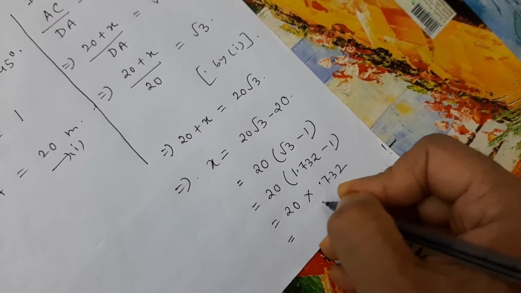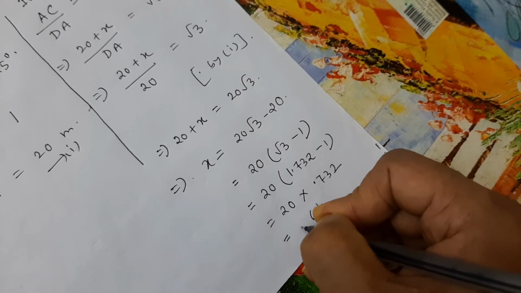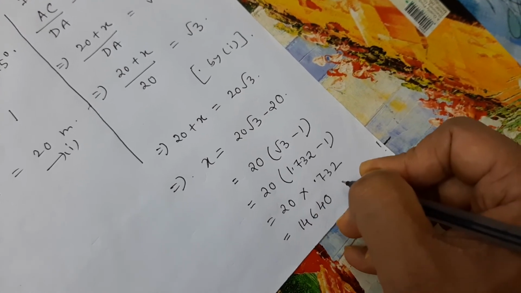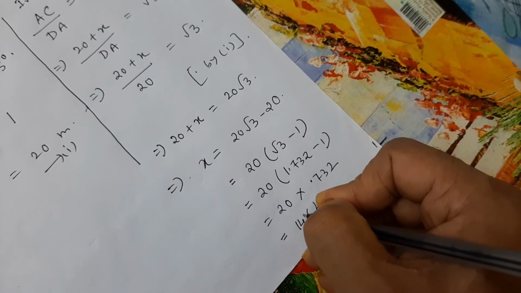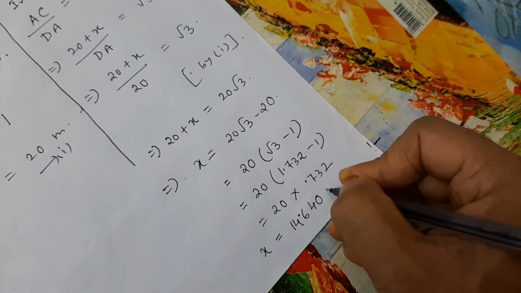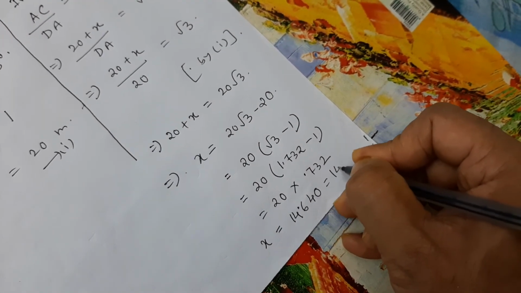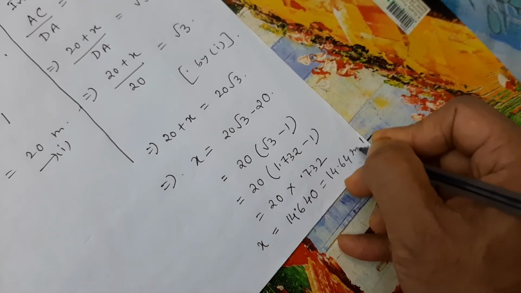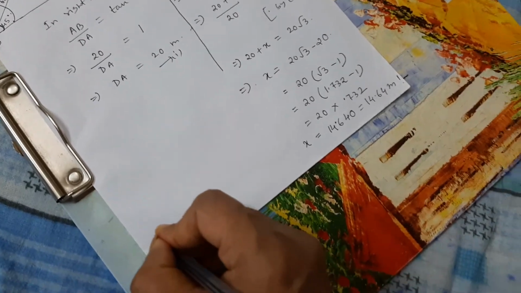Now multiply 20 into 0.732. 2 fours are 4, 3 twos are 6, 7 twos are 14, and after the decimal, three digits, so X equals 14.64 meter. The question is to find the height of the tower.